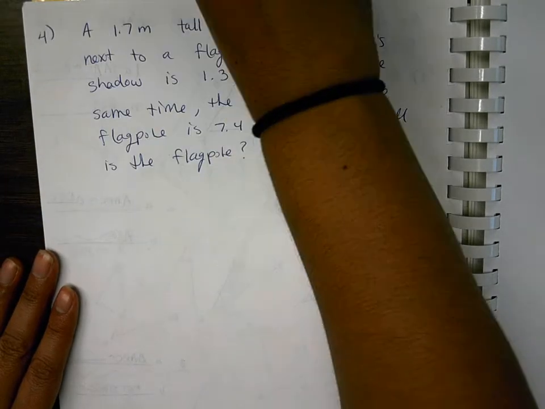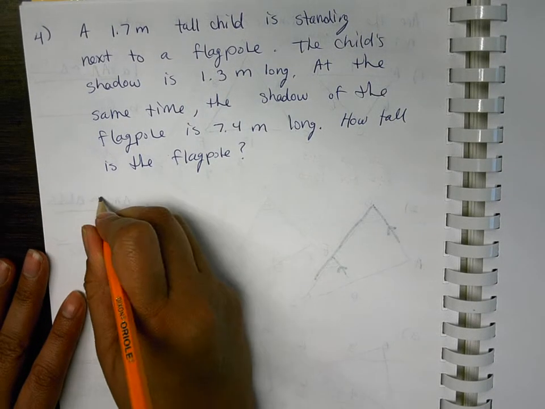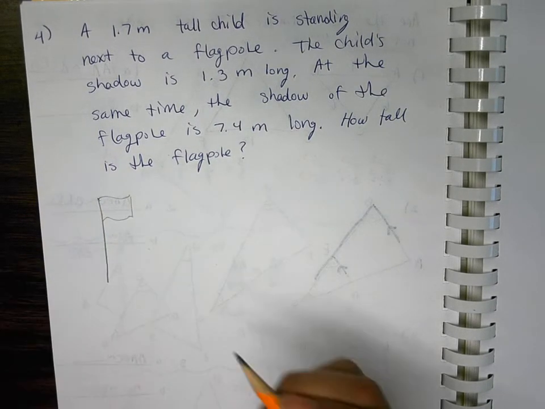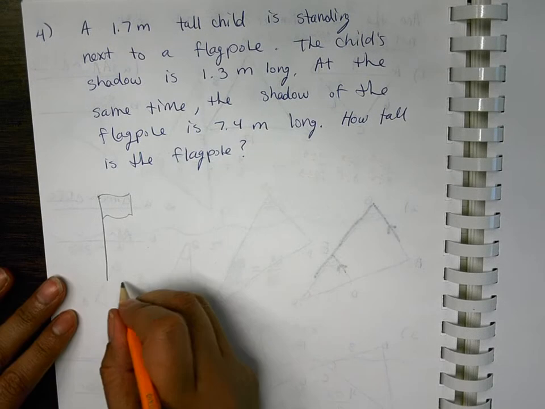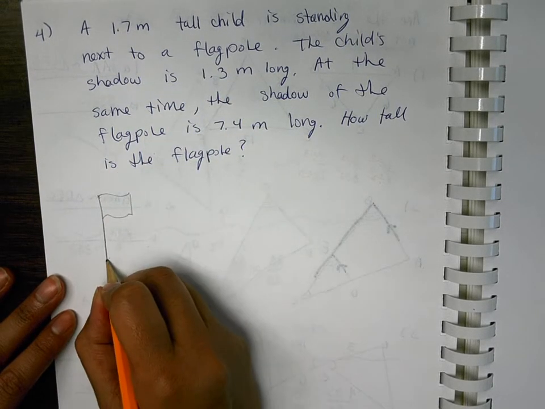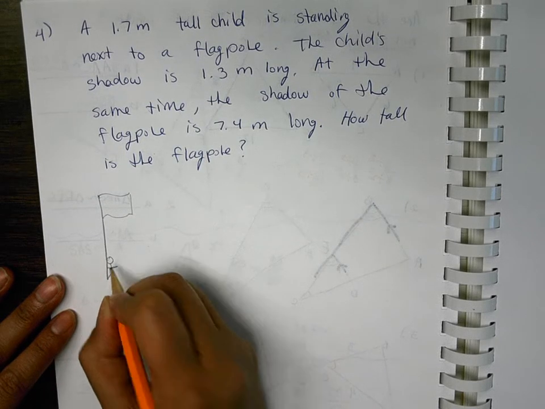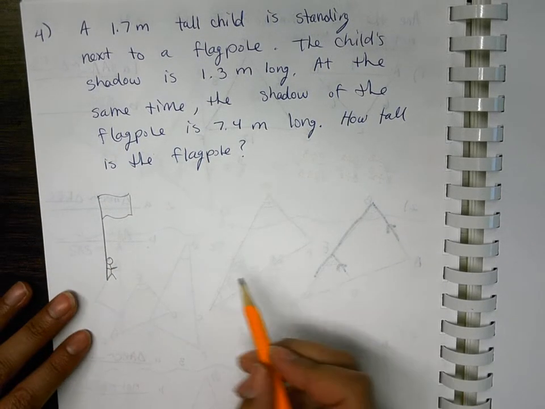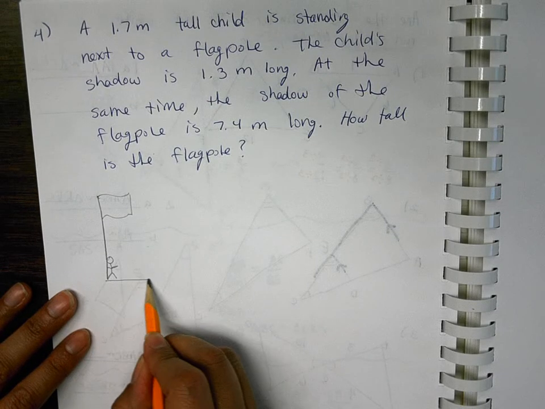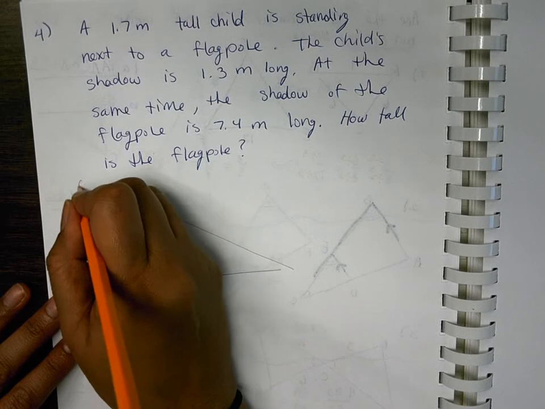First thing that you should be doing on your homework problems as well is drawing your picture. There's your flagpole. This child is standing right next to the flagpole, so child is there. Here's the sun.